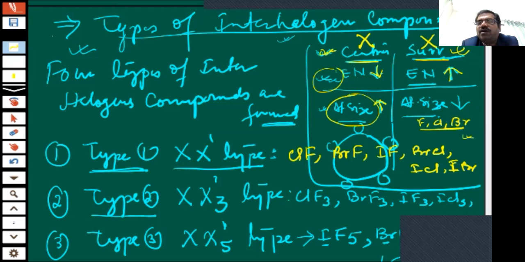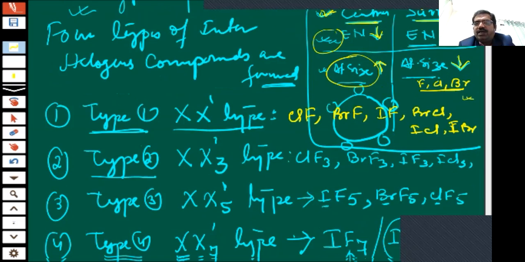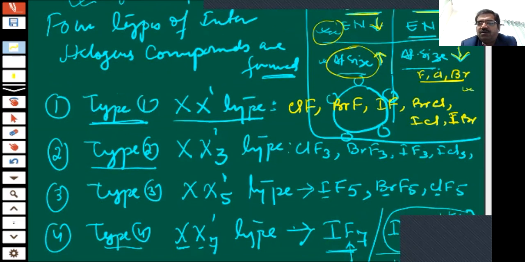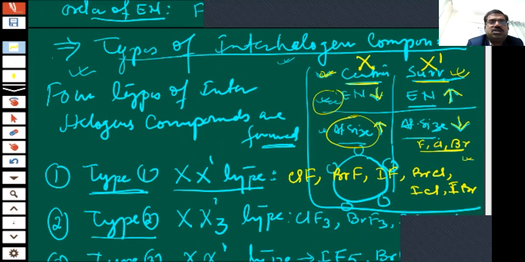The central atom must have larger atomic size and the surrounding atom smaller atomic size. Suppose this is the bigger atom, then only small surrounding atoms can attach to it. On this basis, I told you the types of interhalogen compounds.